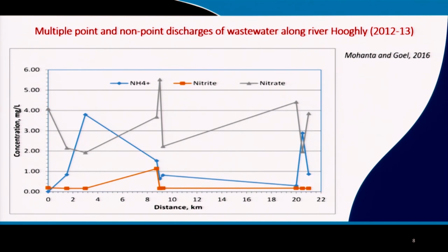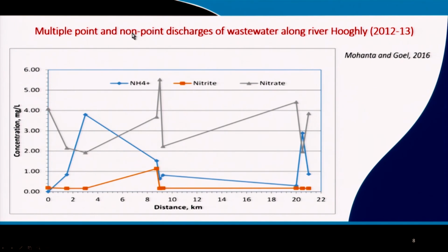If you think about any river that flows by a large city, you will find that there are multiple nalas, drains, etc. that are discharging either treated or untreated wastewater into these rivers. This is the same story with the Hooghly River. Those are the point discharges. We also have surface runoff from the land area coming into the river. So that is non-point discharges.